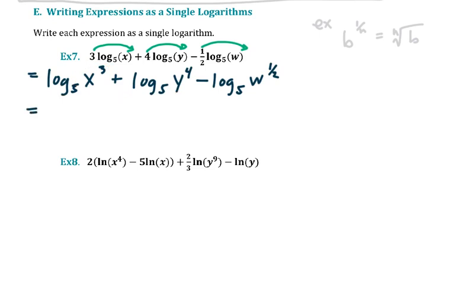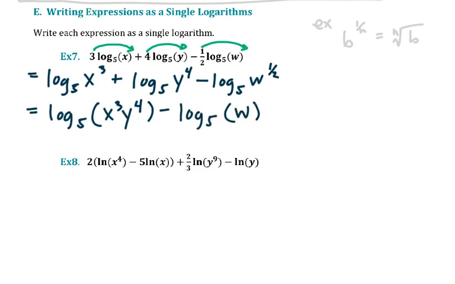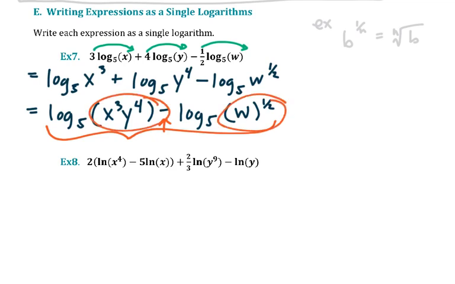So this is log base 5 of x cubed y to the 4th minus log base 5 of w to the 1/2. And then we have a minus here. So the minus implies the quotient rule. So as I condense these together, I'm going to have a numerator divided by a denominator.